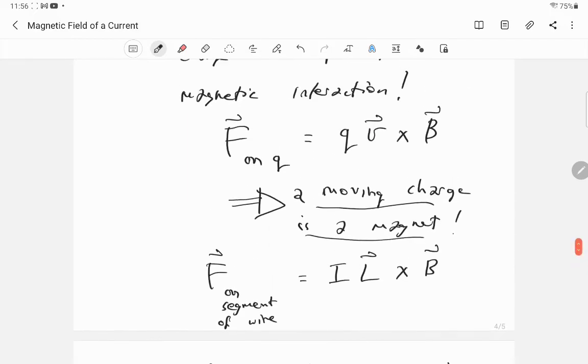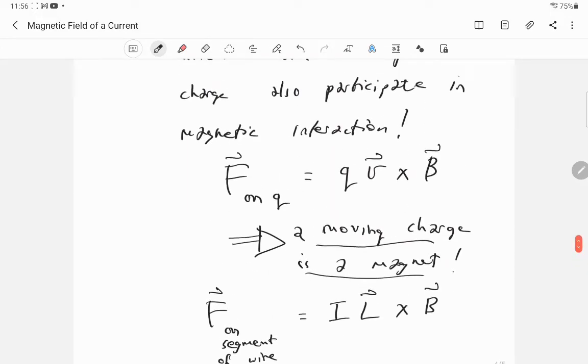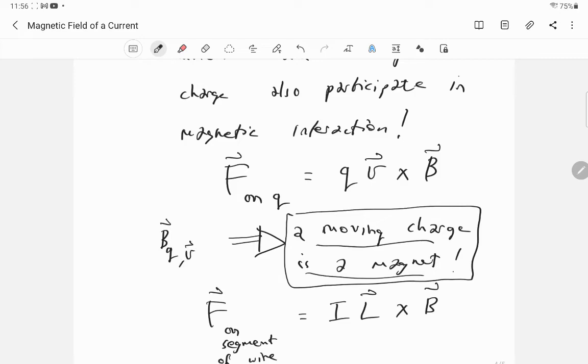What's interesting is actually up here, a moving charge is a magnet. So that means that a moving charge is going to have a magnetic field, right? This is the magnetic field due to a charge with some velocity.